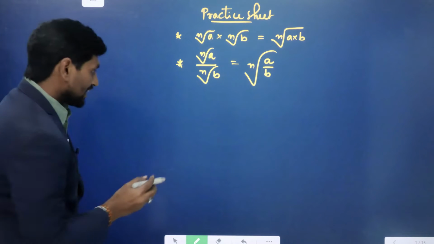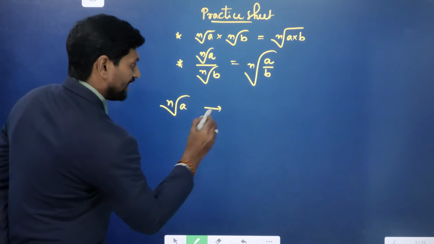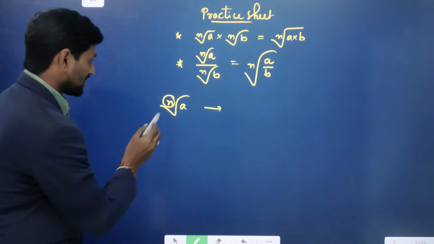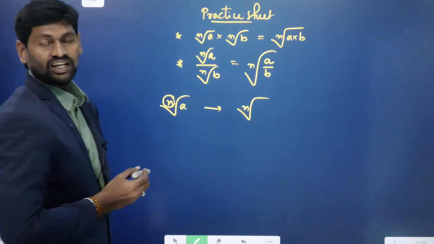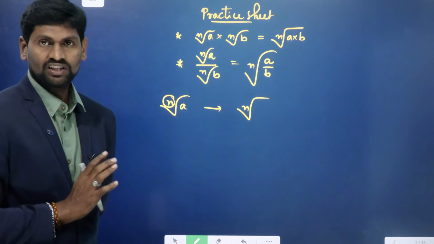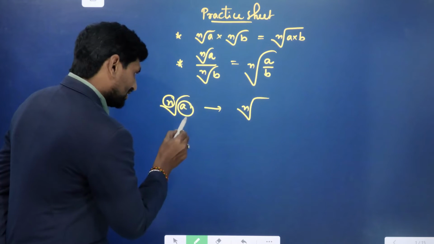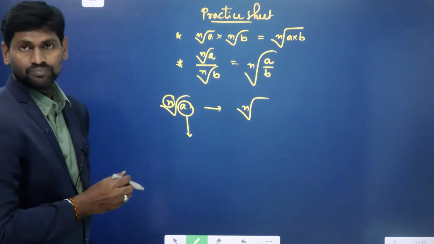And when discussing the surd form nth root a, a is the radicand, n is the order of the surd, and the nth root symbol is the sign of a surd. And the radicand should not be a power of its order.